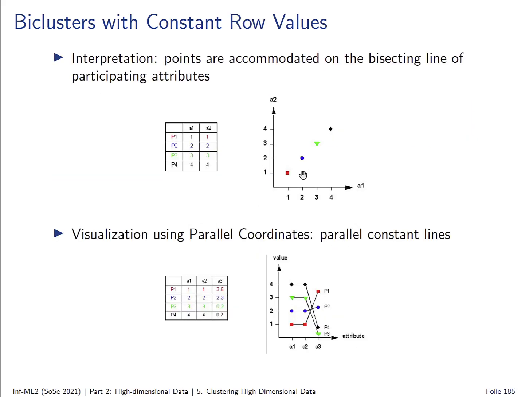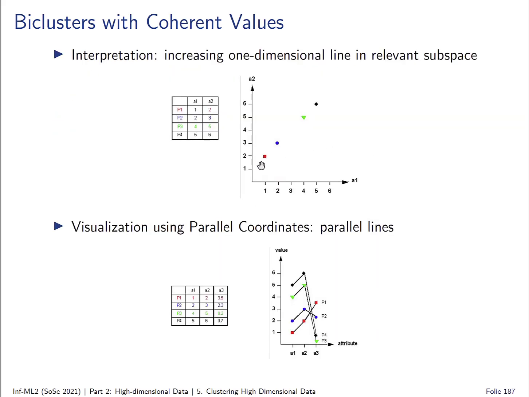But different to this one here, which is always on the bisecting line, the line that is formed by the points need not be the bisecting line anymore, because we also have the adjustments according to the columns, not only to the rows. So that is the generalization of the two above patterns, actually.